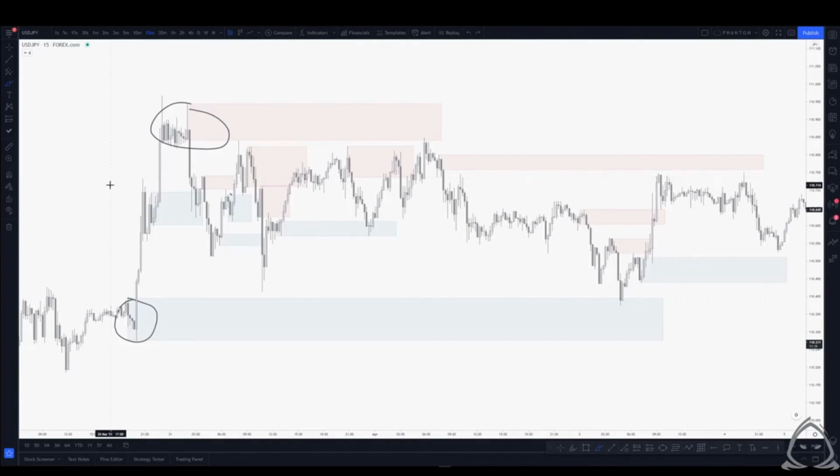What I'm getting at is basically that the higher probability models that are more than likely to play out are the reversal models, and the continuation models are a little bit less likely to play out.